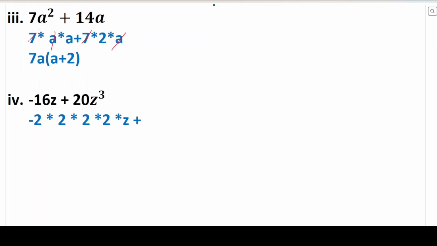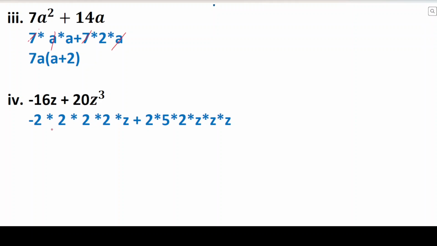We can find the factors by using the LCM. 20z cube is 2 into 2 into 5 into z cube, and z cube we can write as z three times. So 2 twos are 4, 4 twos are 8, 8 twos are 16.